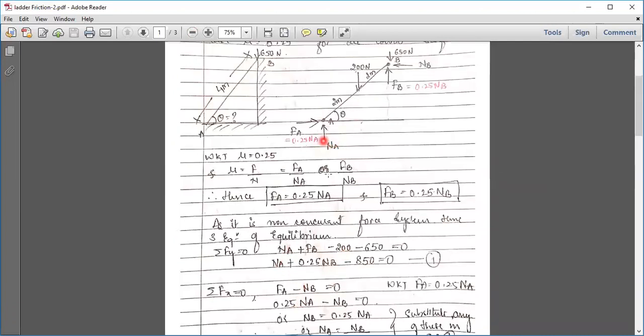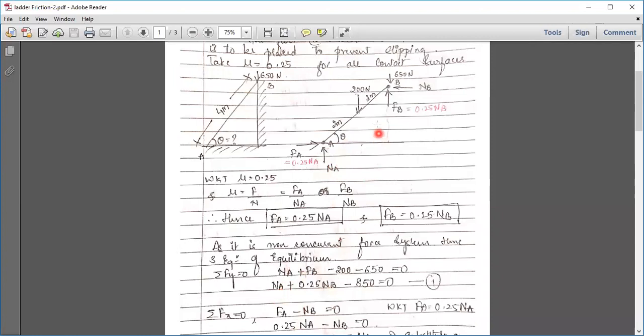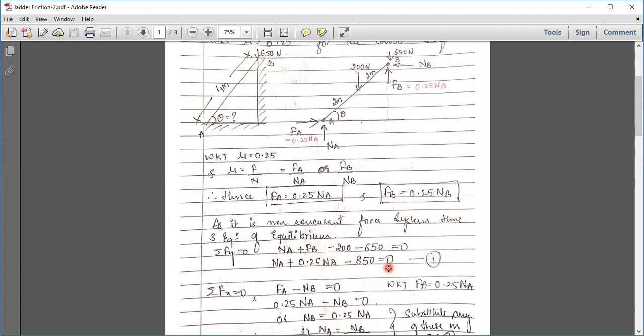So I have plus NA plus FB upwards, minus 200 minus 650. I'll write NA as it is. I know FB in terms of NB, that is 0.25 NB. So I'll substitute 0.25 NB, and 650 and 200 give minus 850. This is equation 1, because I don't know both NA and NB values.